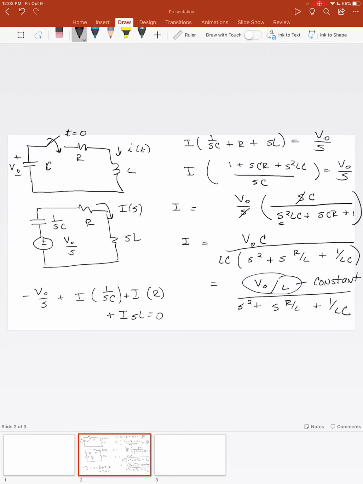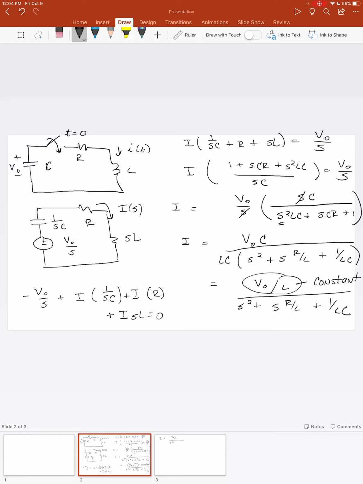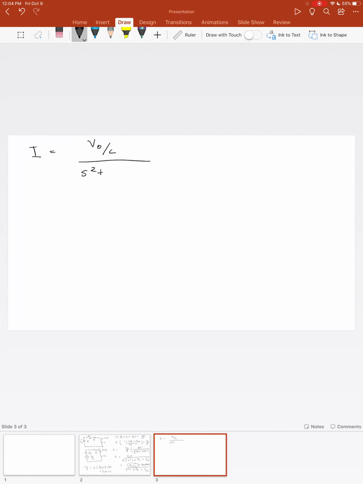So let me add a slide. And let's go back. So V naught over L over s squared plus sR over L plus 1 over LC.